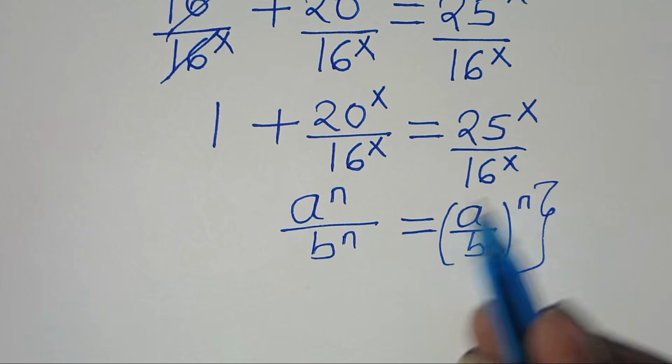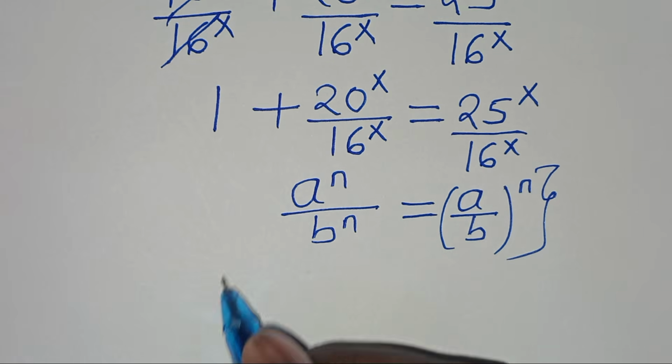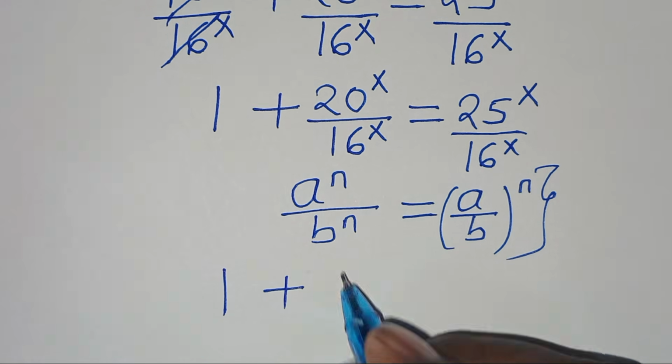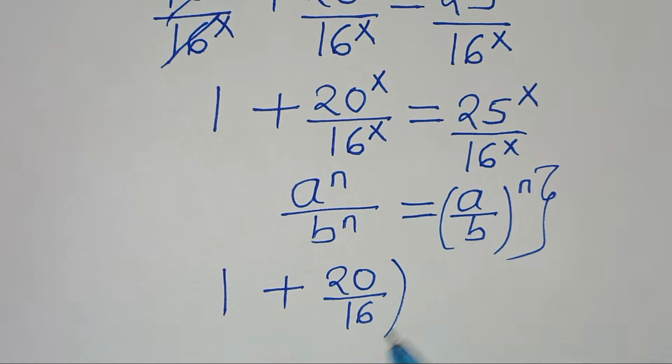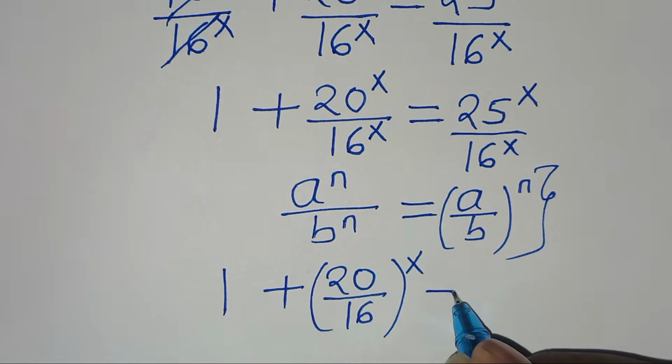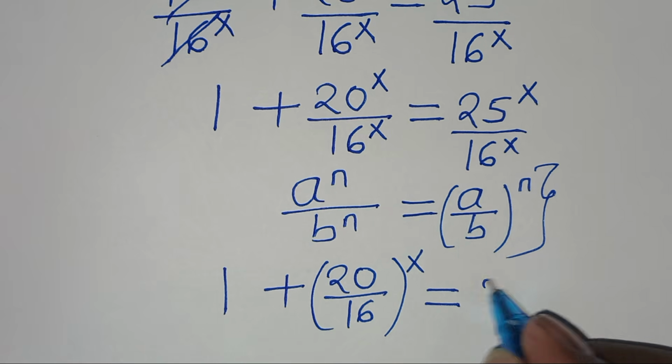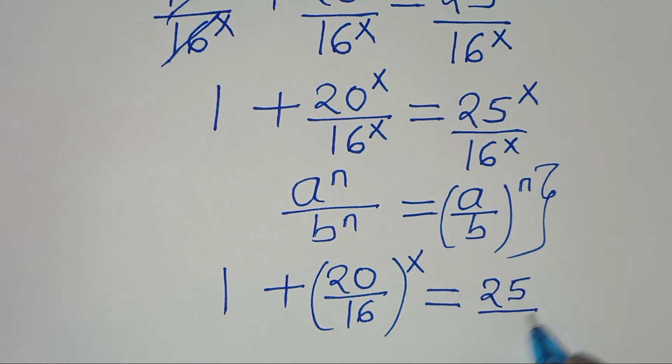Let's apply this exponent property so that we have 1 plus 20 over 16 raised to the power of x. This is equal to 25 over 16 raised to the power of x.